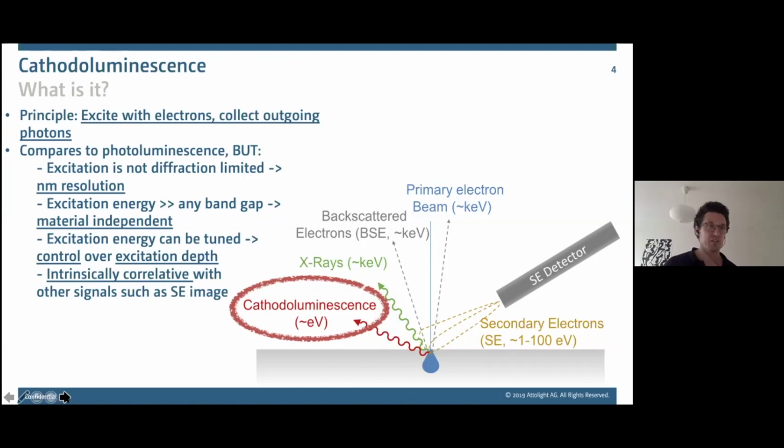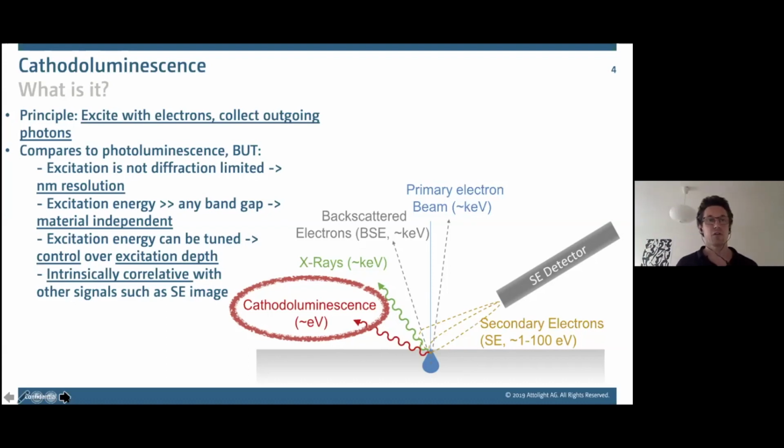The excitation energy can be tuned, and this is critical because it allows you to control the depth of the excitation that you trigger. This can sometimes be absolutely critical, especially when you have layers that emit very little light on top of other layers. And finally, it's intrinsically correlative.